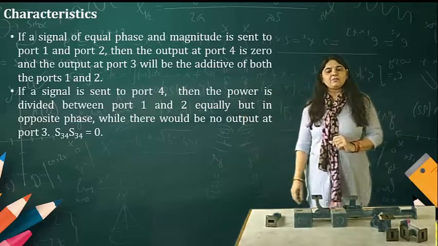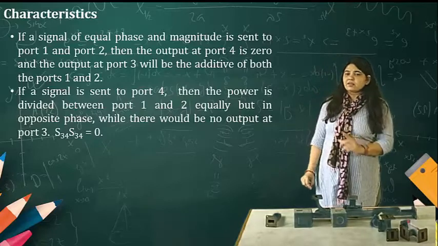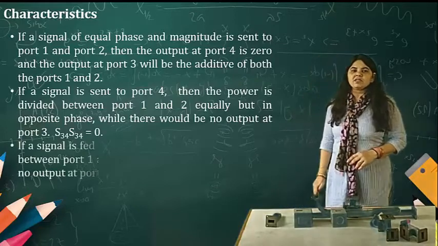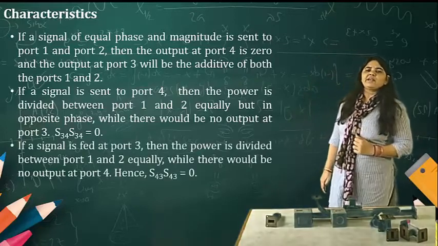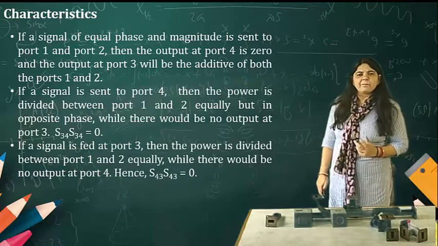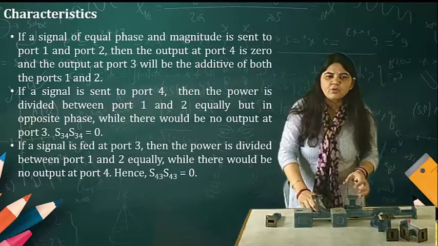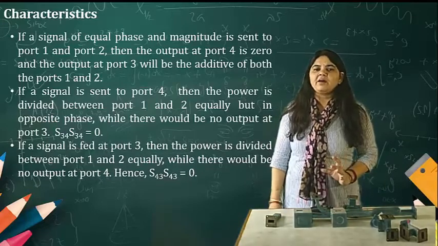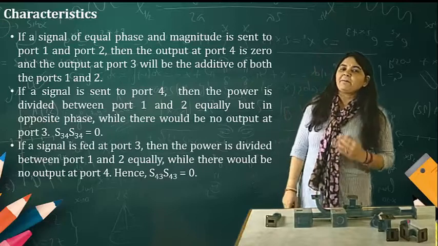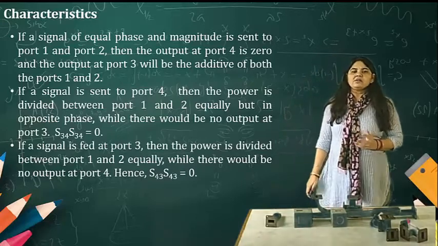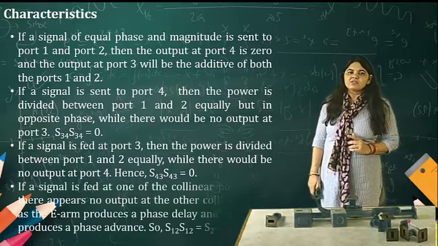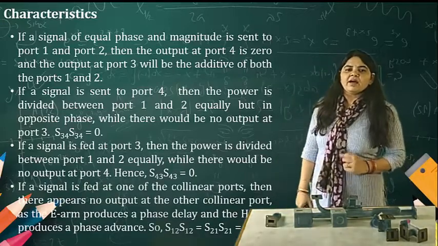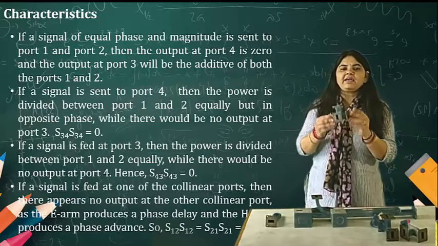Likewise, if a signal is fed to port number 3, the power is divided between 1 and 2, and there is no output at port number 4.